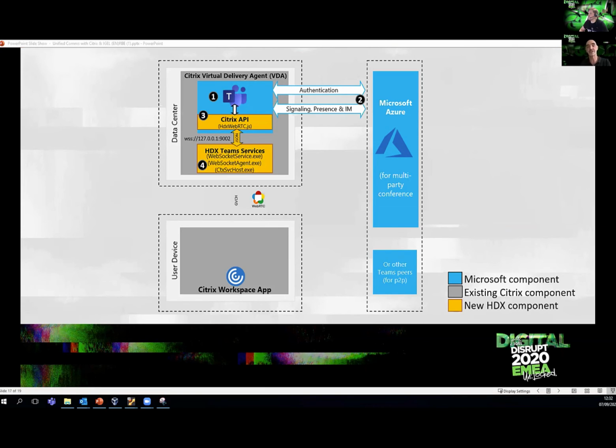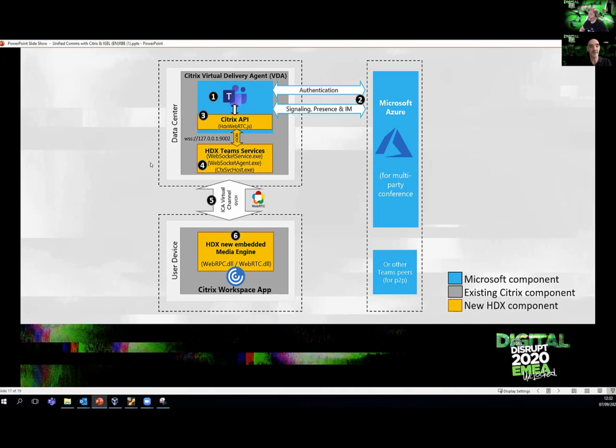Then WebSocketService.exe runs in the local system account, session 0, performing TLS termination and user session mapping. It spawns WebSocketAgent.exe, which now runs in the user session. Then WebSocketAgent.exe initiates the generic virtual channel by calling the HDX browser redirection service, CtxSvcHost.exe.